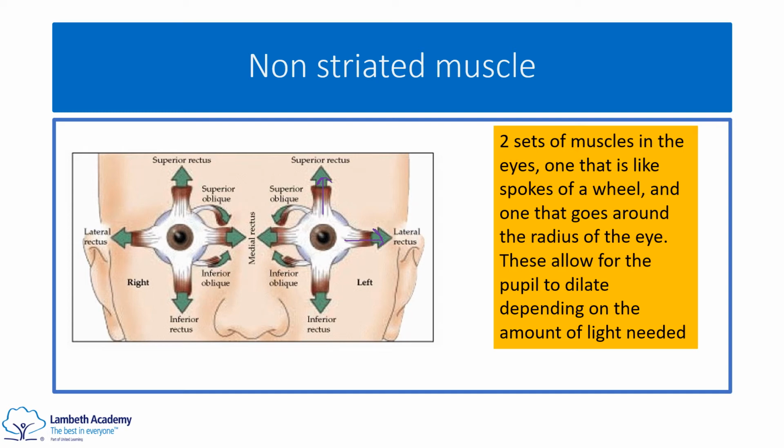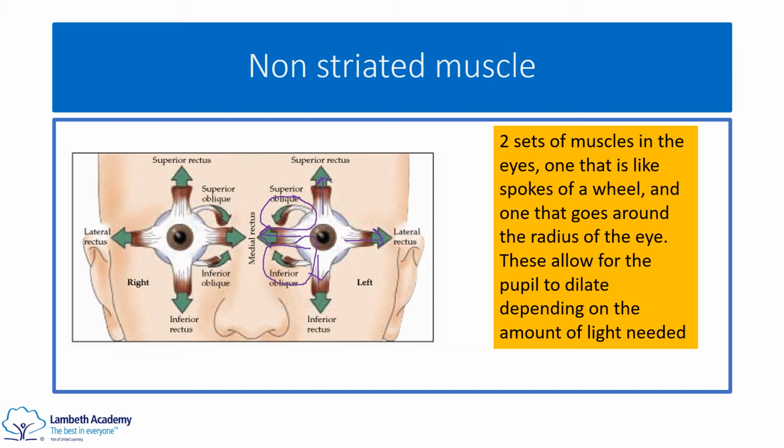So we've got the muscle that's going out, it's going left, right, up and down, okay? We've then got a second type of muscle that works here, and this is responsible for the rotation of the eyes, okay? So we've got two different types of muscle, one muscle that allows the eye to rotate, and one type of muscle that allows the eyes to look up, down, left and right.